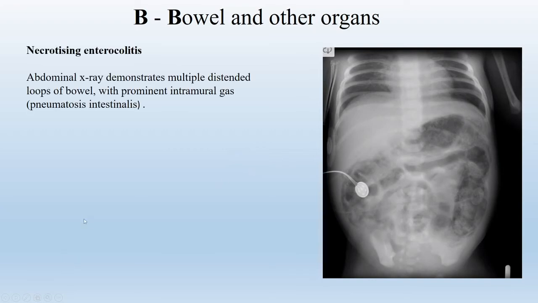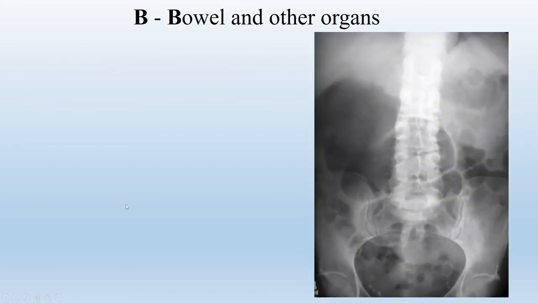So, necrotizing enterocolitis. You can see that there are multiple distended loops of the large bowel here, small bowel here, and there is the mottling over here, in keeping with the gas, intramural gas, or pneumatosis intestinalis.